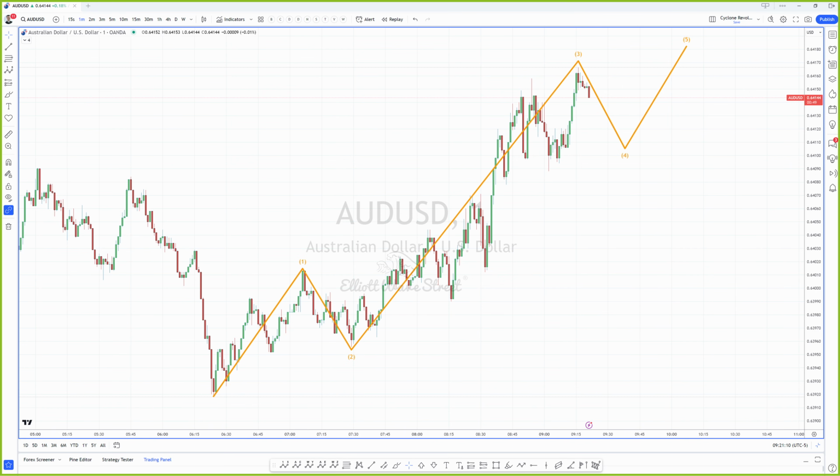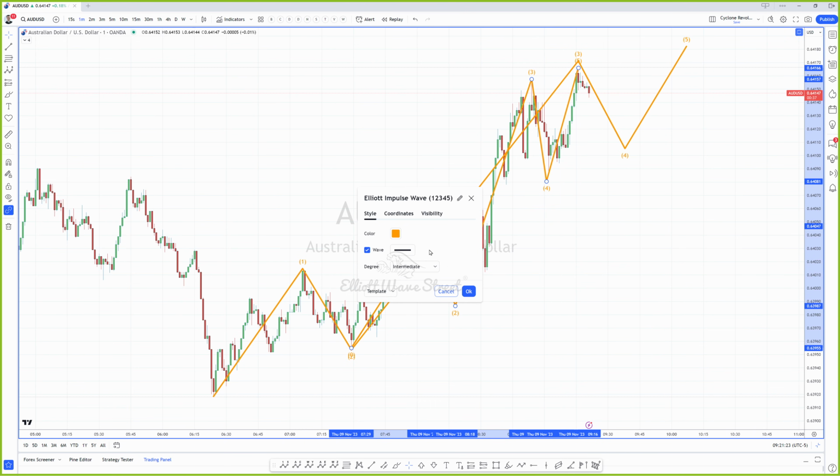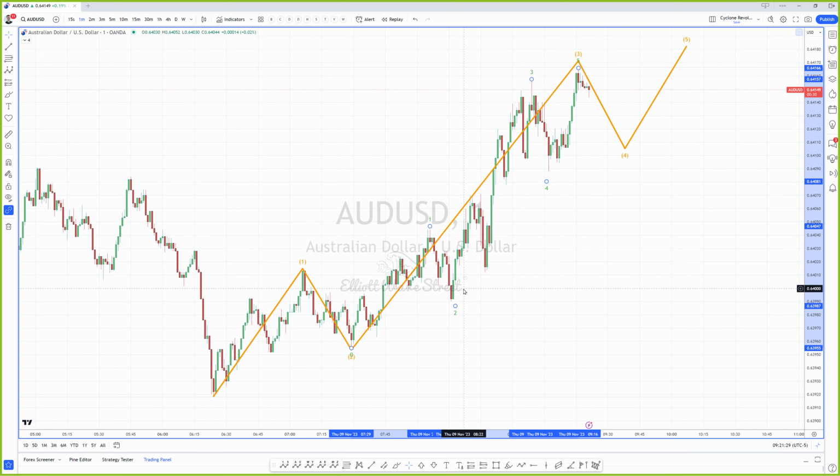So let's add the internal wave count here. So here inside we will have 1, 2, 3, 4, 5. Right, so there we have our 5 wave sequence inside of 3 on this same time frame.